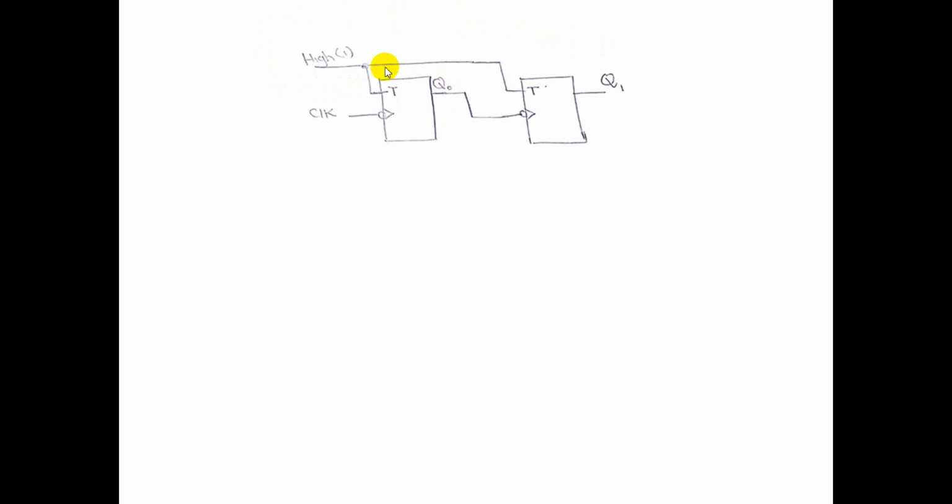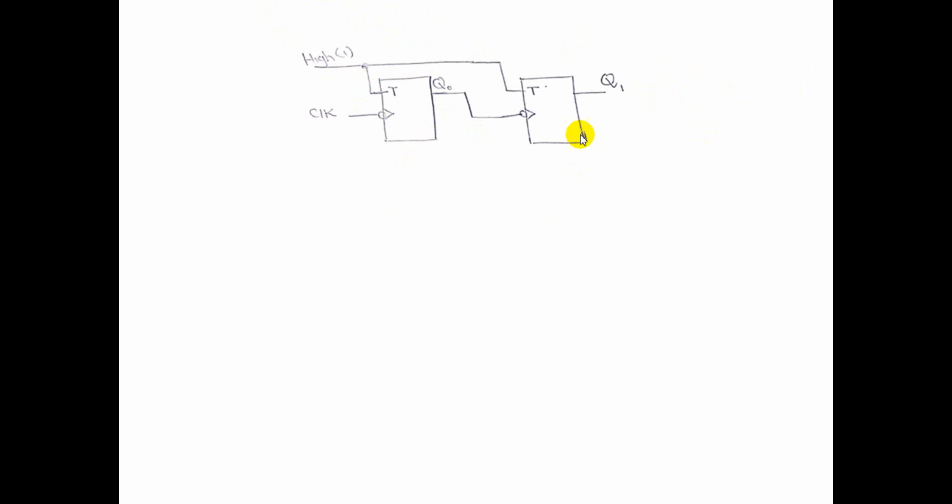For example, the T flip-flop: whenever the input T is equal to 1, the output will be the complement of the current state. Similarly, we can use a JK flip-flop. When the inputs J and K are equal to 1, it will complement the current state on the next clock edge.